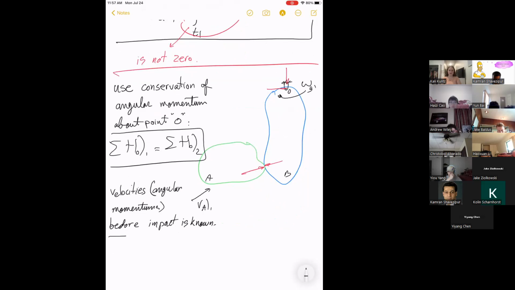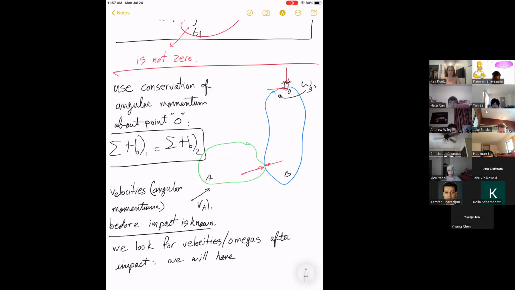We usually look for the velocities and omegas after impact, which means we will have two unknowns, right?